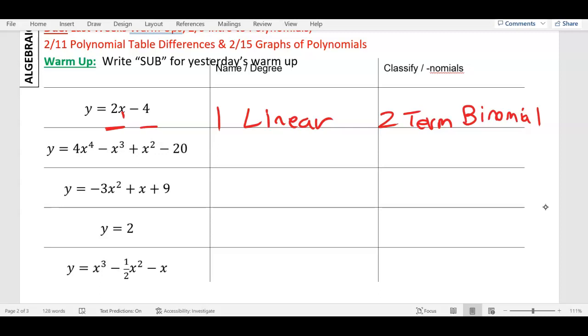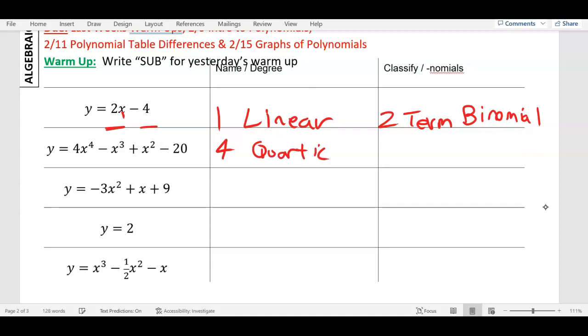Next one. What's the highest degree you see? Okay, everyone else, y'all see the highest degree is 4. So what do you call a 4th degree function? Quartic is correct, okay? So think of like 4 quarters and $1 quart. Quartic, 4.